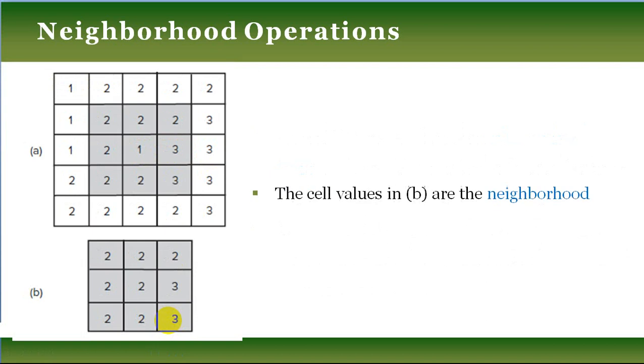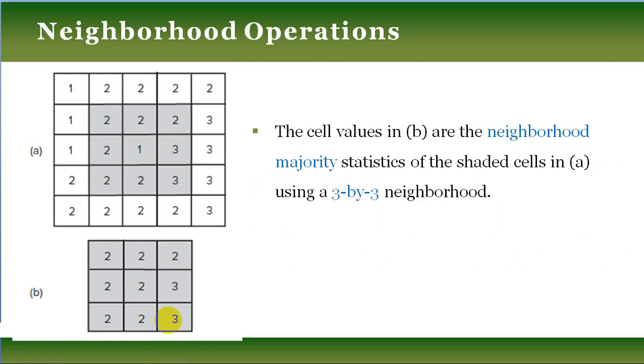Now another one we just show you here: neighborhood majority in a 3x3 window. Majority pixel 2, 2, 2, 2, 2, except those three values are 3.